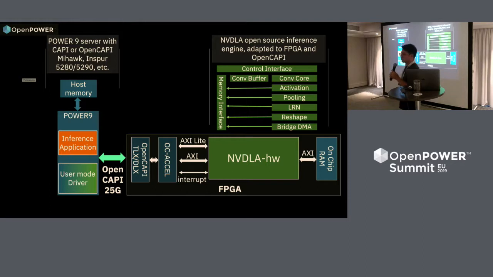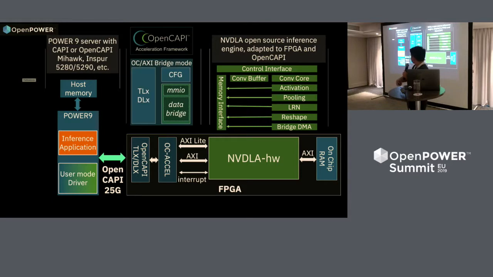Accelerator is used for register configuration, and AXI is the memory mapped interface for data transfer. And then we also have the interrupt, because for this kind of IP, we need the interrupt to have a fully functional inference workload.